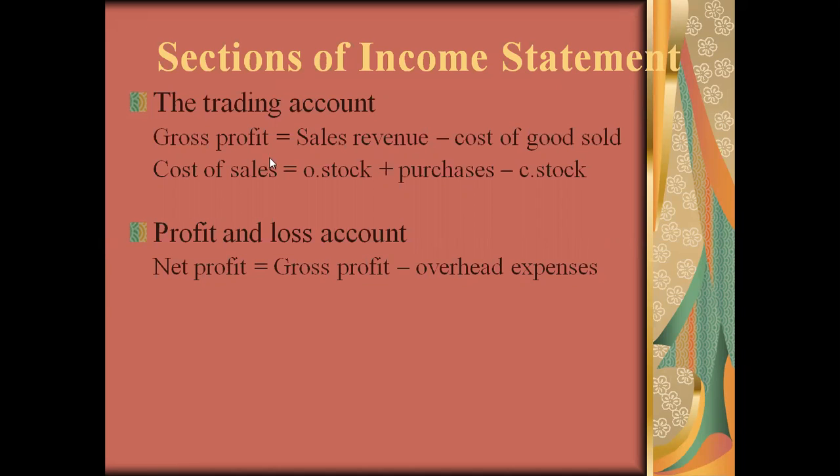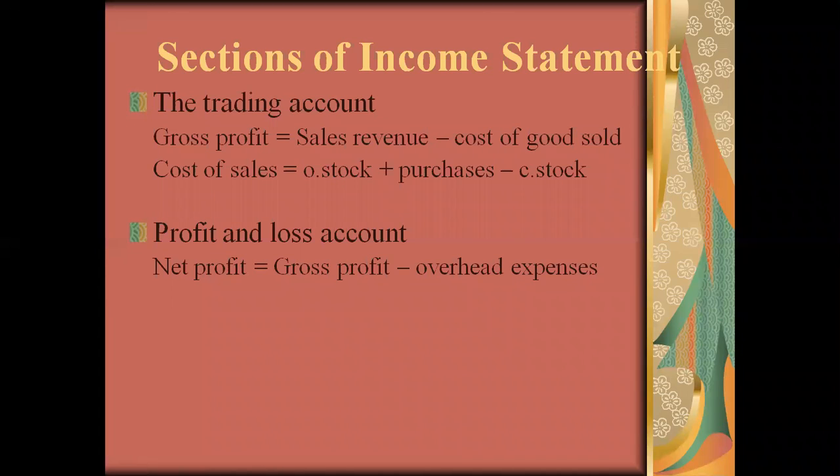Here, where is the fixed cost and where is the variable cost? I'll tell you. If you see, cost of sales is a variable cost, because cost of sales increases with the number of items you produce, because you have to buy more raw material. So this is a variable cost, right? Similarly, overhead expenses are a fixed cost. Like think about the salary of the workers.